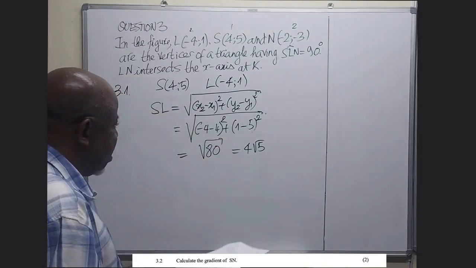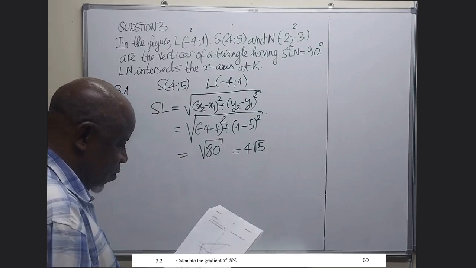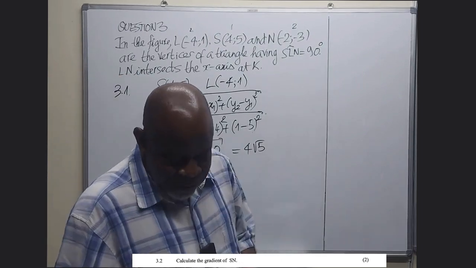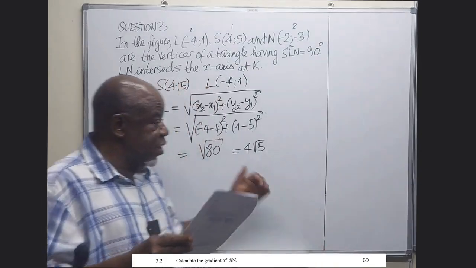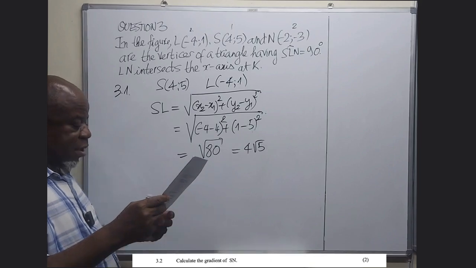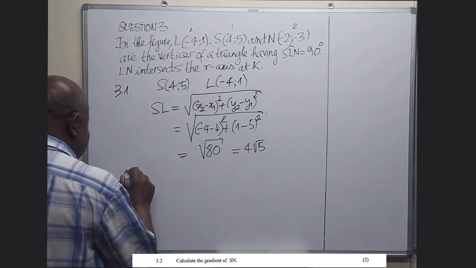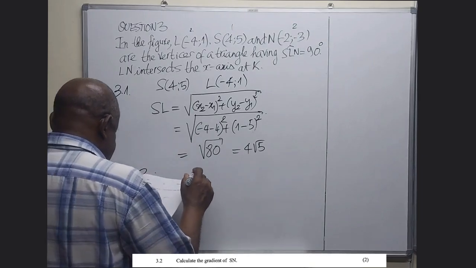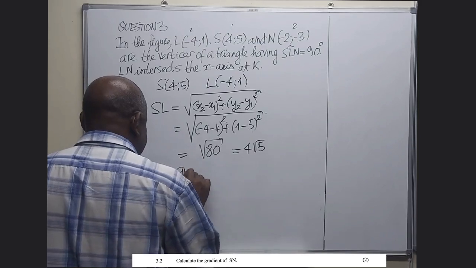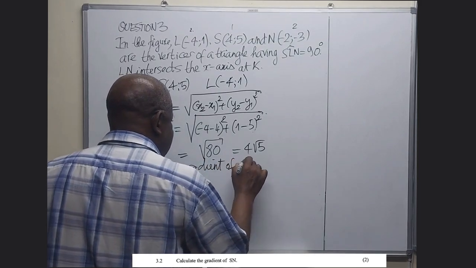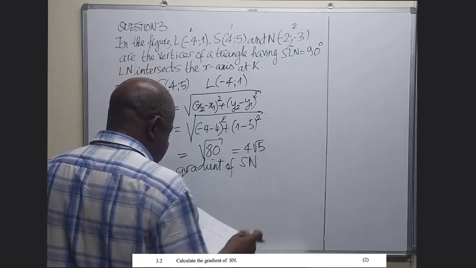So now we're going to go to question 3.2. Question 3.2 is saying calculate the gradient of SN.